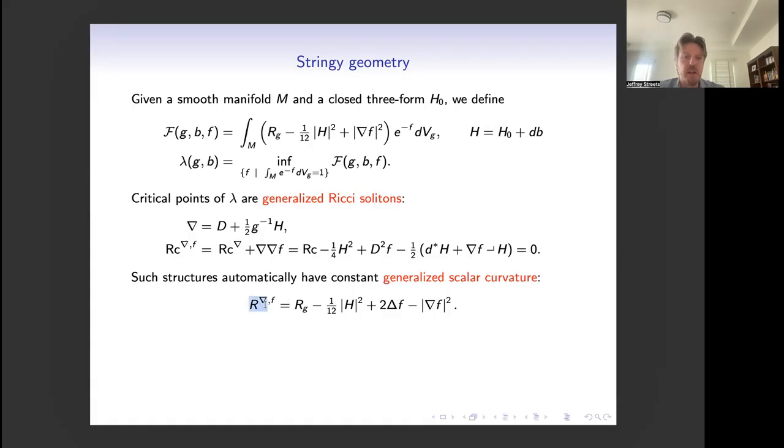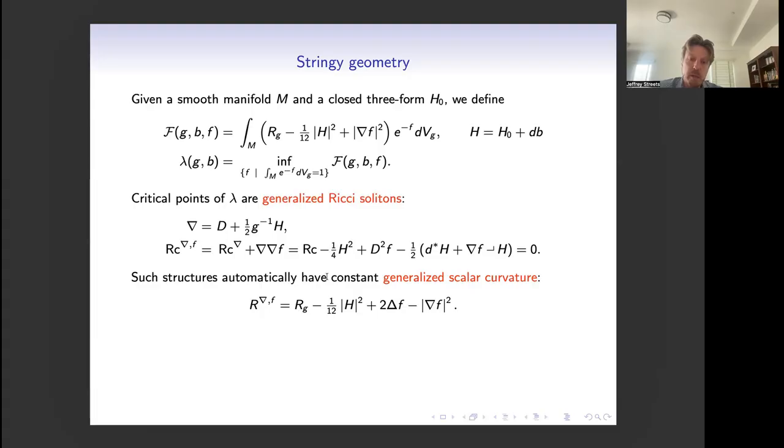The generalized scalar curvature associated to a connection nabla and a function f is the following: the classic scalar curvature minus this magic 1/12 norm H squared plus this extra term involving f. Again, you notice the difference between this 1/4 and this 1/12. This term, for instance, is not the trace of this term. It differs by 1/6 norm H squared.